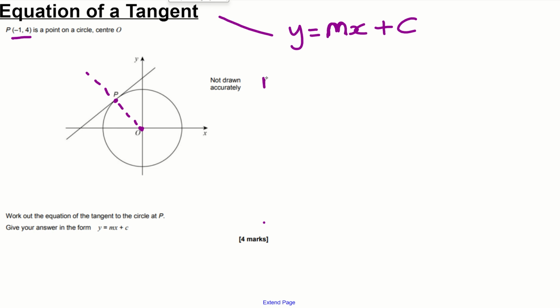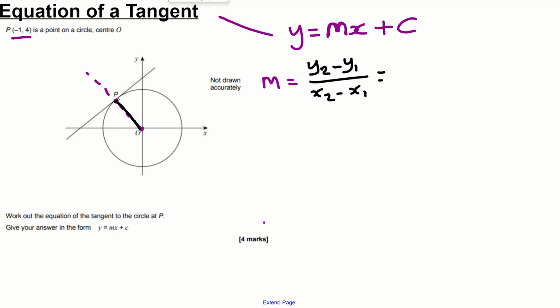So let's work out the gradient for this line here. Remember, gradient is second y coordinate, take away first y coordinate, over second x coordinate, take away first x coordinate.